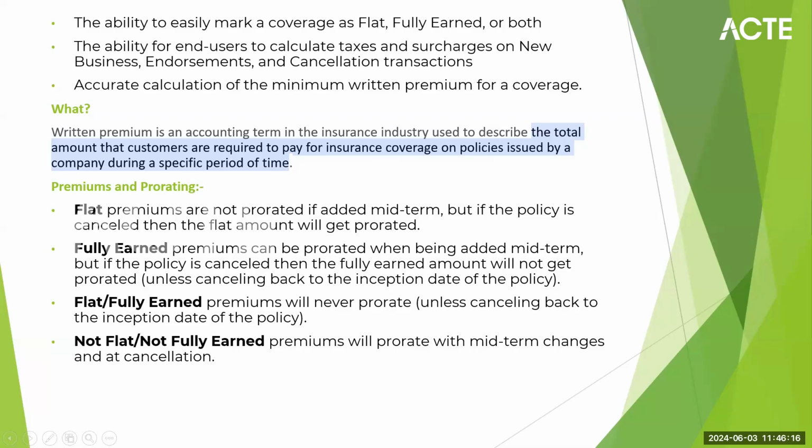Fully earned premium can be prorated when being added midterm, but if the policy is cancelled, then the fully earned amount will not get prorated unless cancelling back to the inception date of the policy. Prorated means returning back.